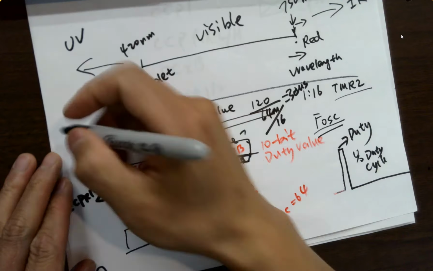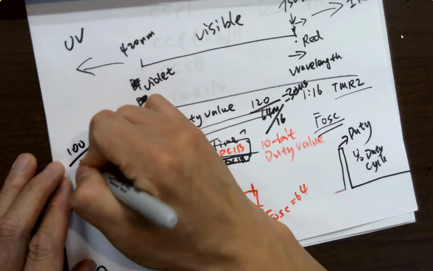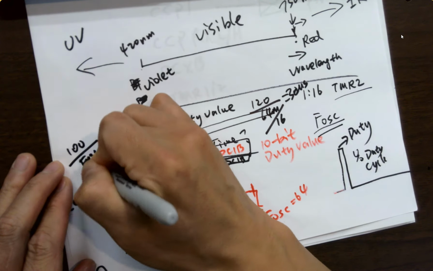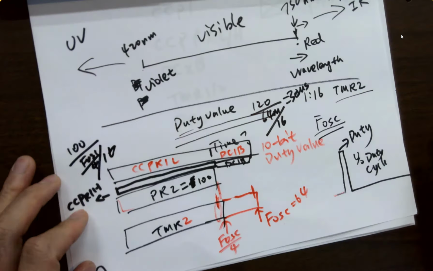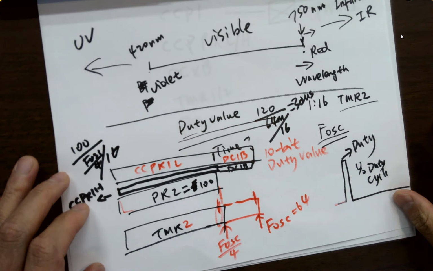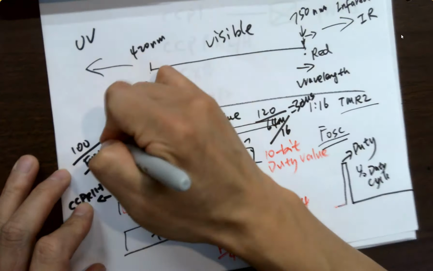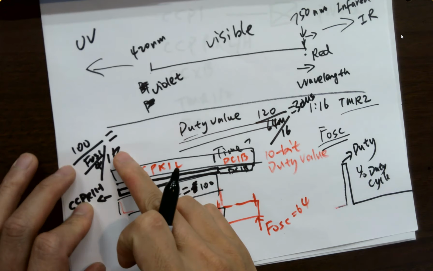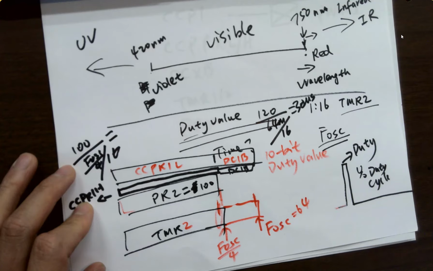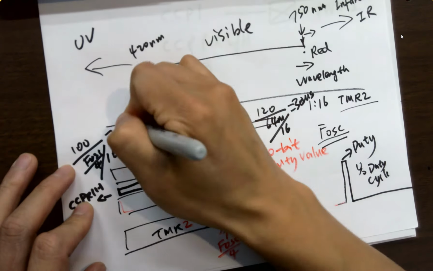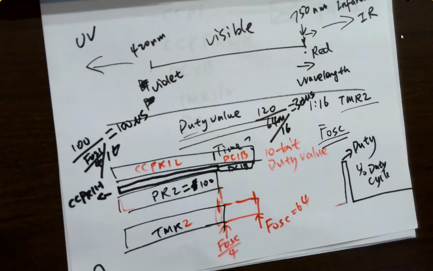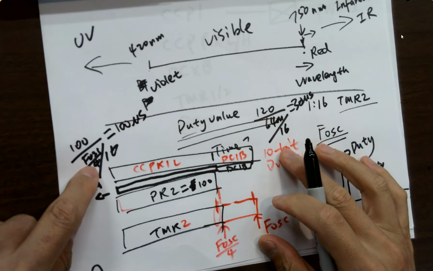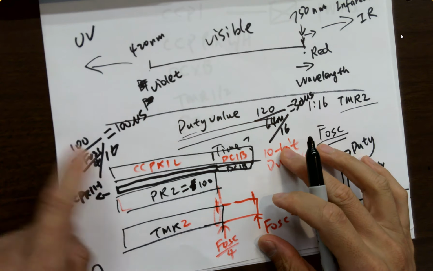It's going to be FOSC divided by 4 divided by 16. Yep. Done, right? So that's 100 microseconds. Why? 64 divided by 4 is 16. 16 divided by 16 is just 1. 100 microseconds.